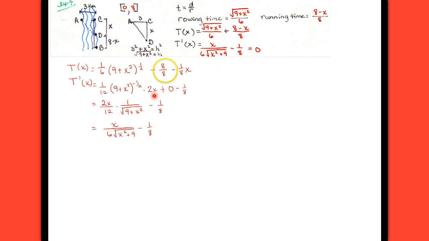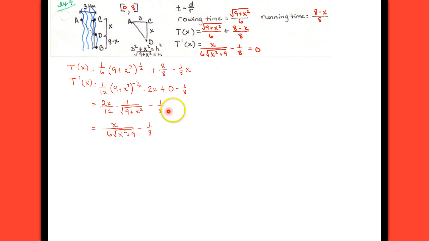All right, then 8 over 8 is just 1, so the derivative of 1 would be 0. And the derivative of negative 1/8 x would be negative 1/8. All right, if we do 1/12 times 2x, that would give us 2x over 12. And I'm going to go ahead and move my radical down to the denominator to get rid of that negative exponent.